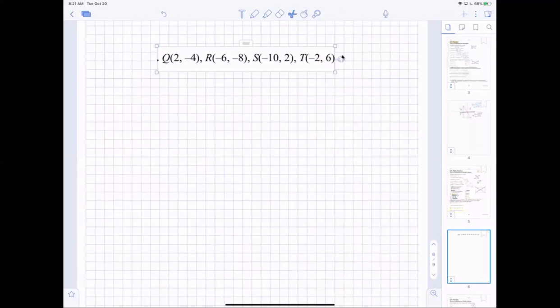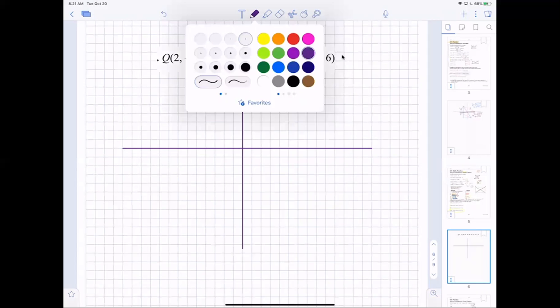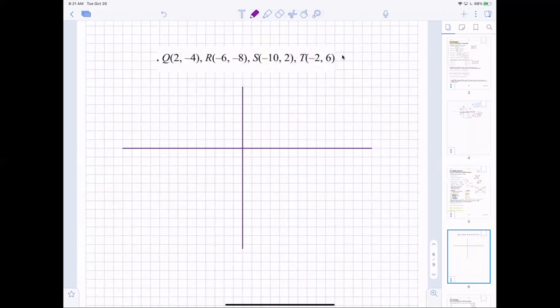Now this one is -10, so you got to be real careful. 2, -4. -6, -8.